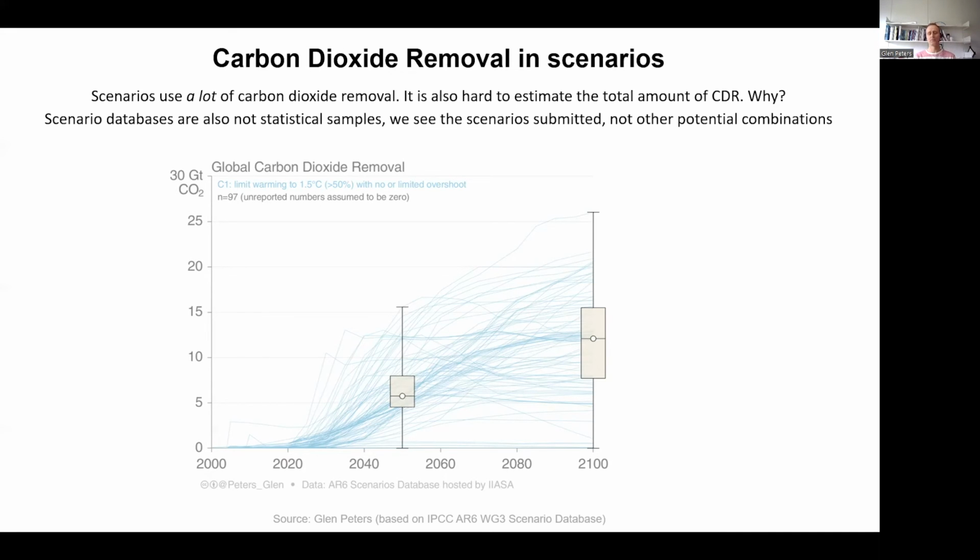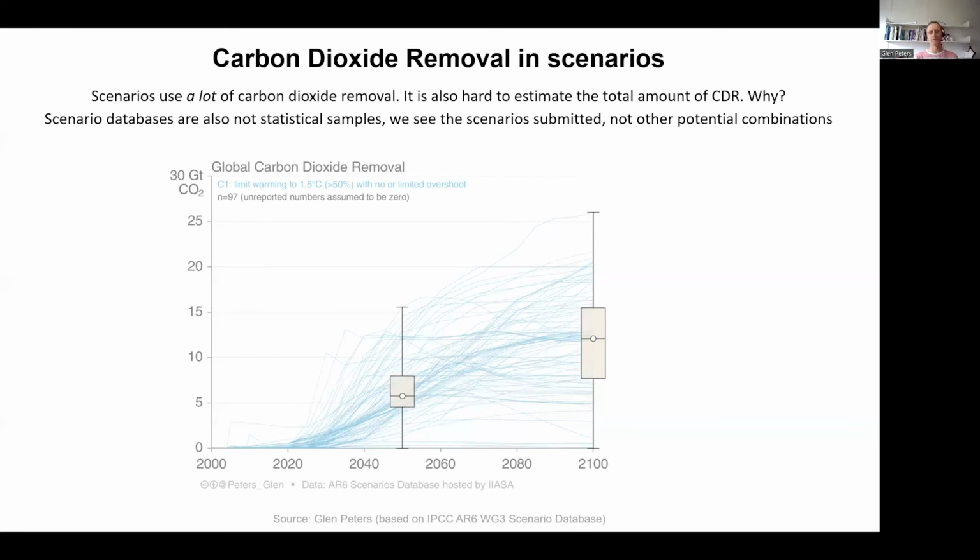To put some perspective on the scale, take a coal power plant using biomass with carbon capture and storage, a bioenergy with carbon capture and storage facility, or a rather large direct air capture facility, one that we have not remotely seen around the world, that takes up about 1 million tonnes per year.